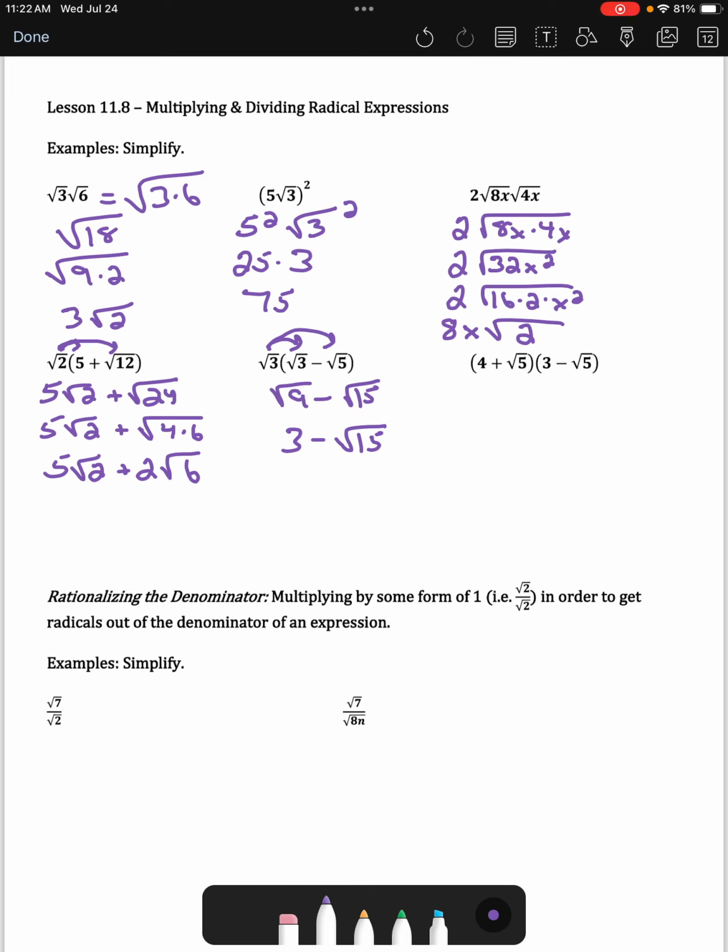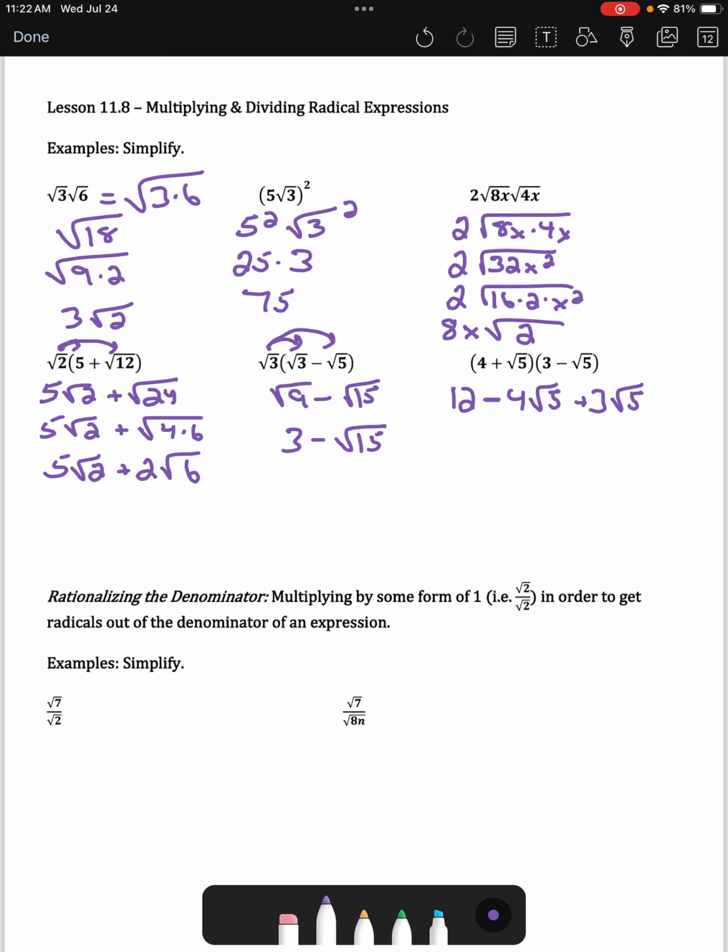And hey, been a while since we foiled, but we're going to do it again. First times first, 4 times 3 is 12. Outer, 4 times negative root 5 is negative 4 root 5. Inner, root 5 times 3, both positive, is positive 3 root 5.